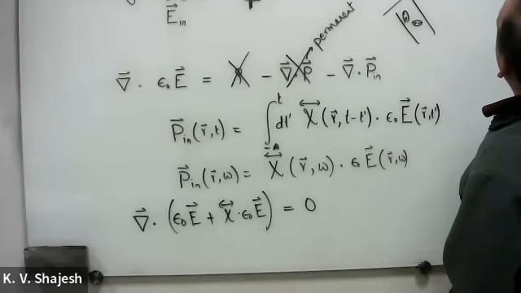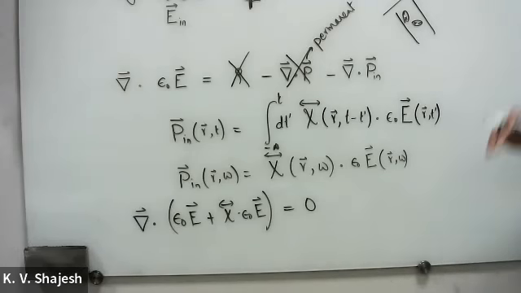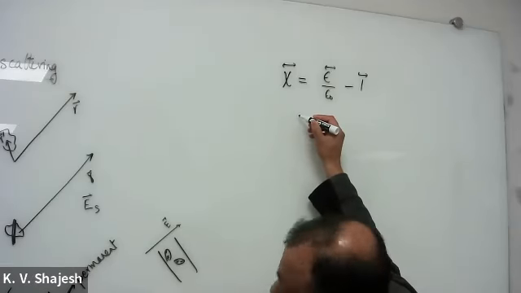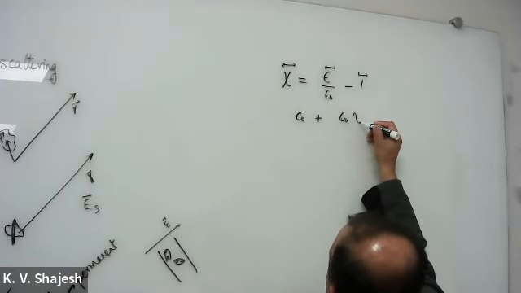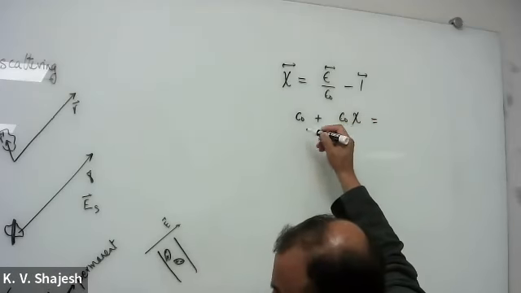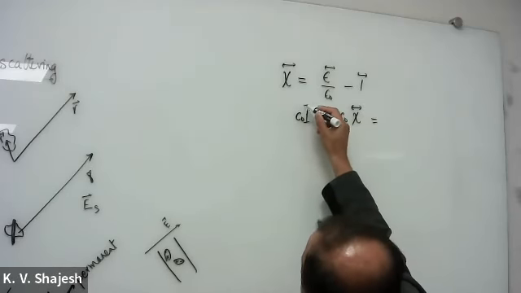So remember, chi is basically epsilon over epsilon naught minus 1. If I were to add these two quantities, epsilon naught plus epsilon naught times chi, where this is 1, let us say, I have to have a matrix in here.